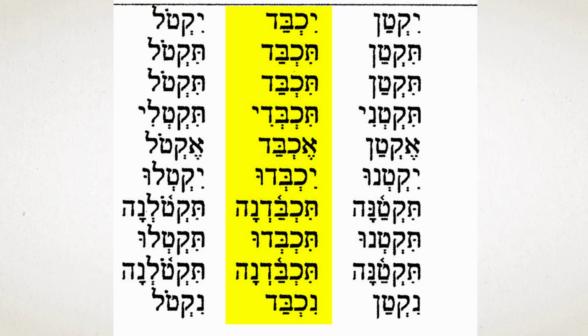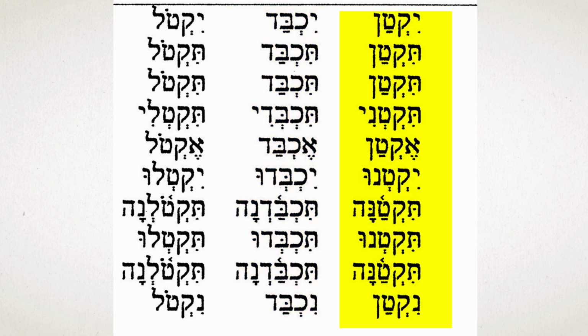Now look at the imperfect of kaved. It goes yichbad, tichbad, tichbad, tichbadi, echbad. Yichbadu, tichbadna, tichbadu, tichbadna, nichbad. Notice the patach coming in. We can also see this in the imperfect of katon.